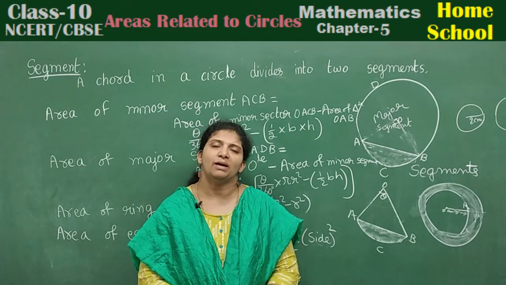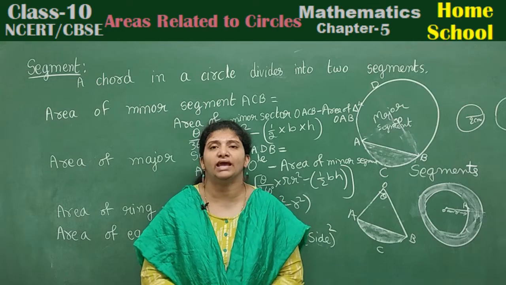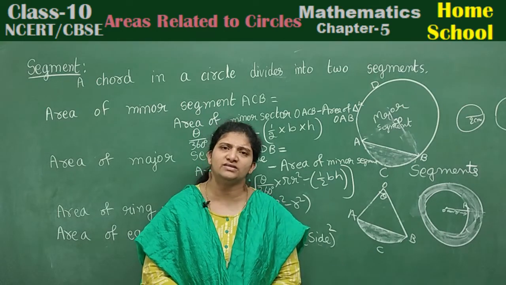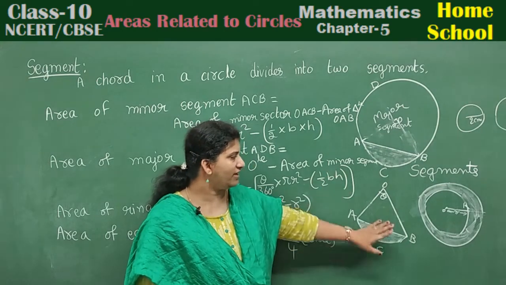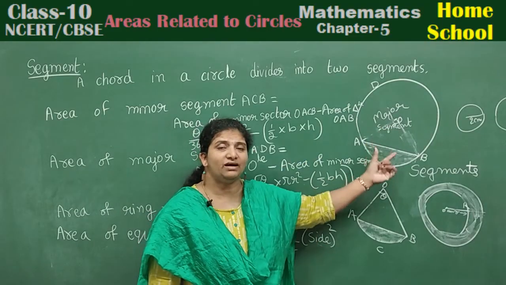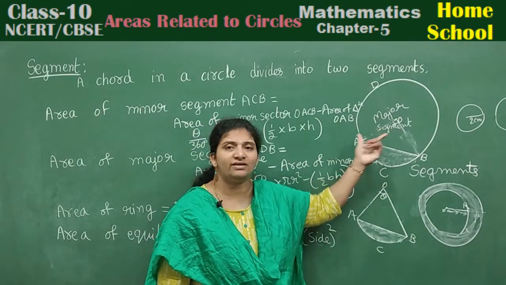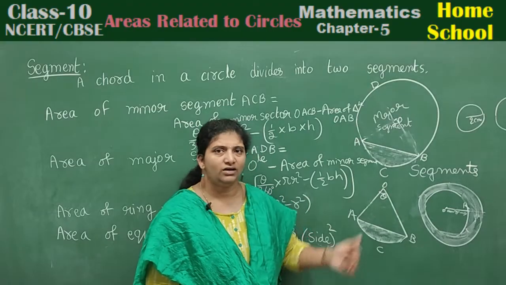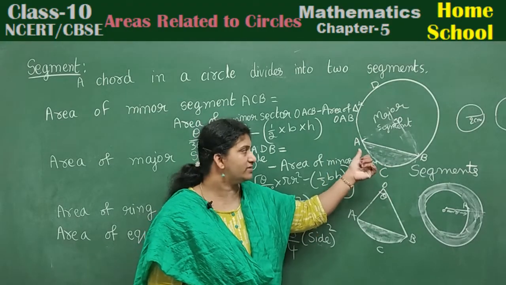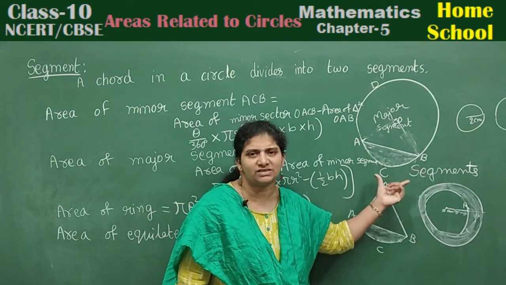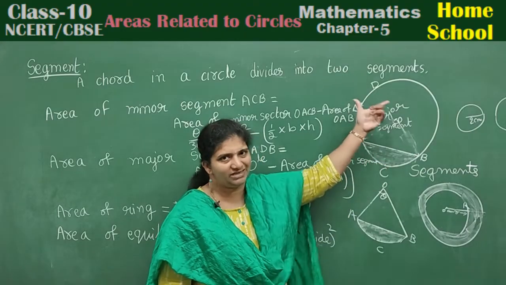Okay. Then coming to minor sector area. Area of minor sector means a sector is bounded by 2 radii and an arc. Then in that sector you can see the arc part of a circumference, minor arc, major arc.